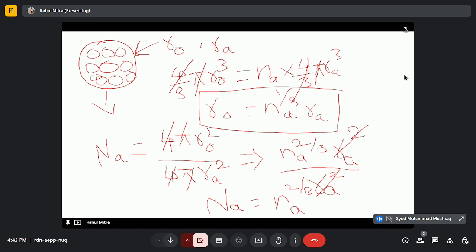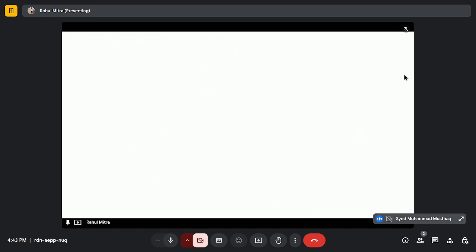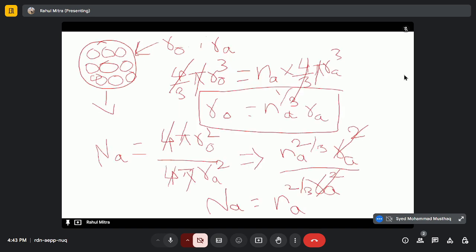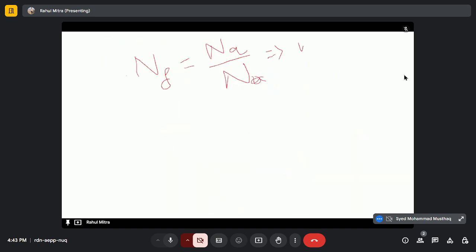So if we define it like this, the fraction F will be the number of atoms on the surface divided by the total number of atoms. That will be Na 2 by 3 divided by Na.